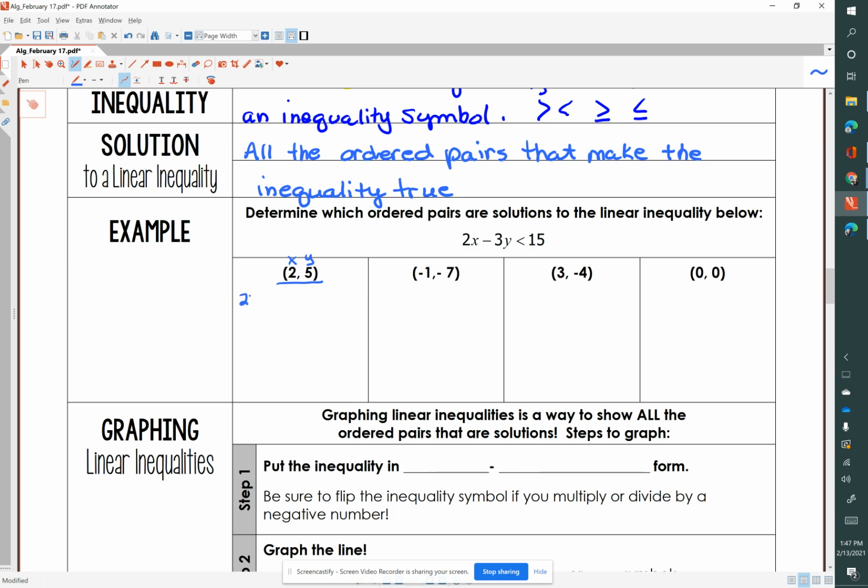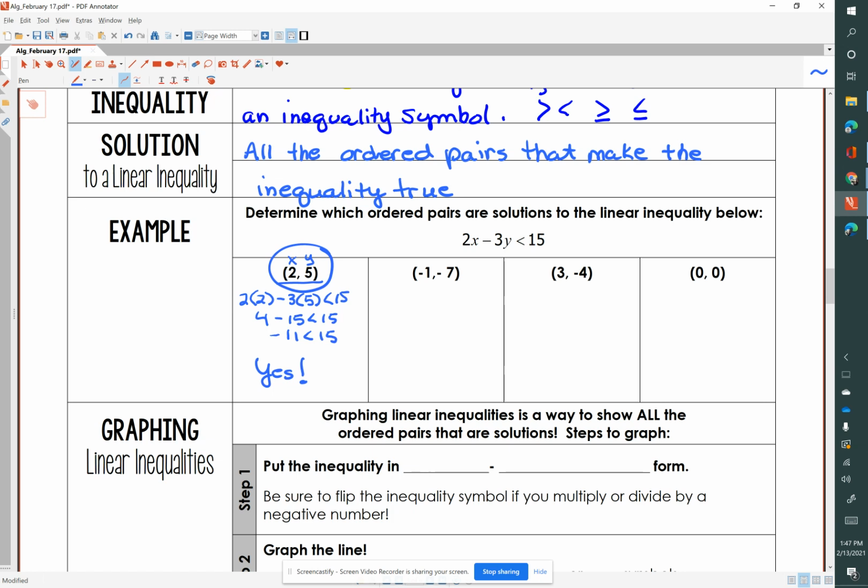Let's make our substitutions using parentheses. 2x minus 3y, which is 5, is less than 15. 2 times 2 is 4, minus 15, 5 times 3 is 15, is less than 15. 4 minus 15 is negative 11, is less than 15. Is this inequality true? It is. So this ordered pair is a solution to this inequality.